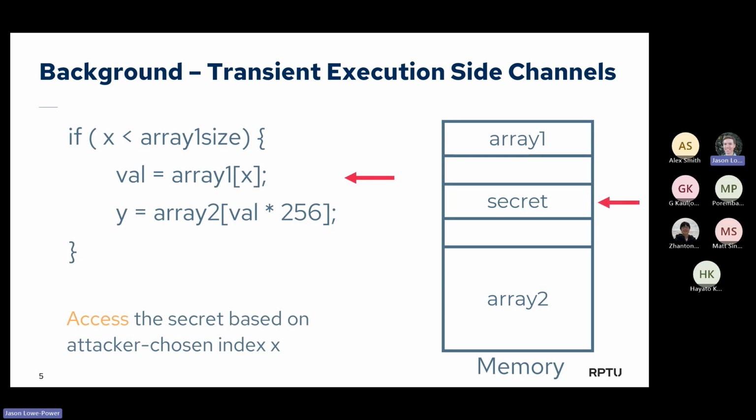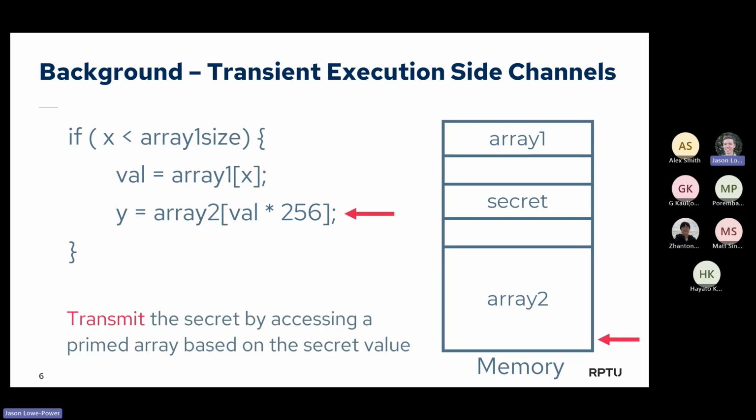And if we, as an attacker, can choose the index X, we can have an offset that points to some different memory location that could be a secret in the memory. Later we also need to transmit this secret data by, for example, accessing a primed array, and then it can be reconstructed by a victim probe or any of these cache-based side channels.